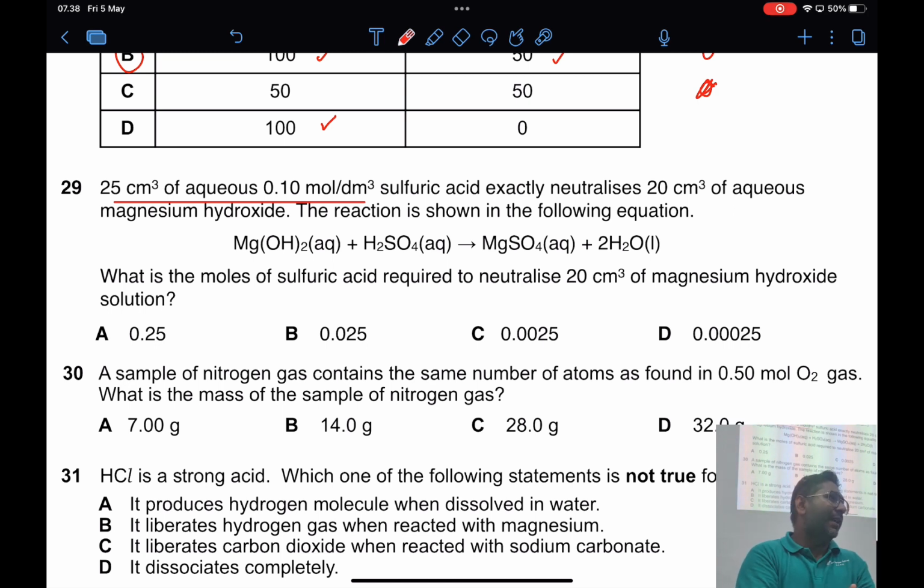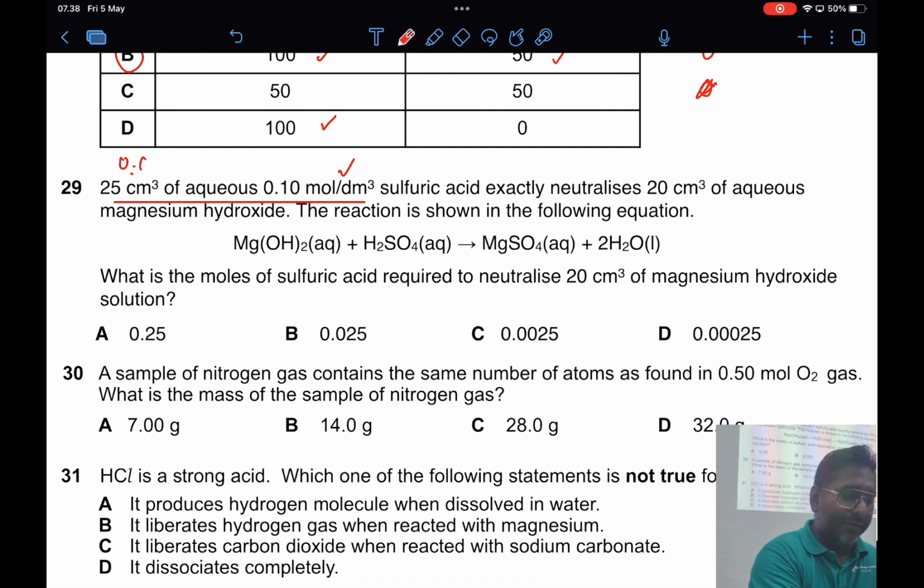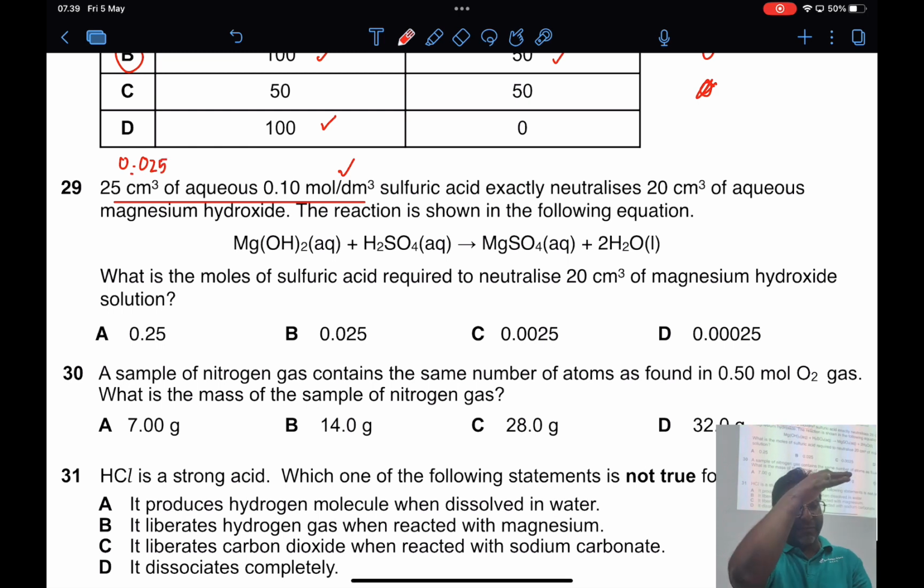Basically the idea is, if the volume is in cm cube, you divide by 1000. But rather than trying to remember so many formulas, we know the concentration is in dm cube. So if you have 25 cm cube, change it into dm cube directly: 25 divided by 1000, so you will get 0.025 over here. Michelle, focus over here.